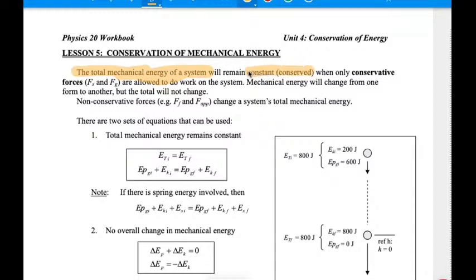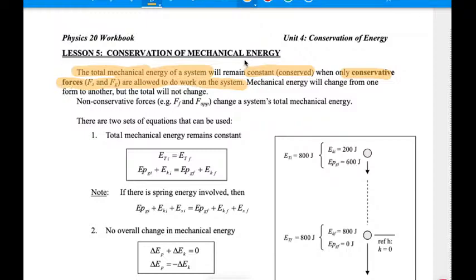Energy will be conserved only when conservative forces are allowed to do work on the system. Conservative forces are forces like the spring force and the force of gravity. So mechanical energy will change from one form to another, but the total energy will not change.